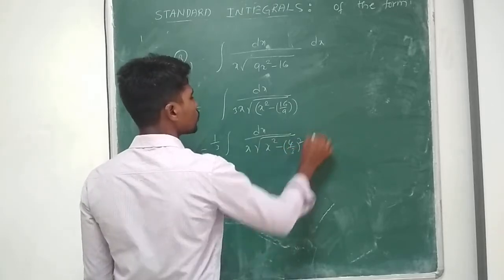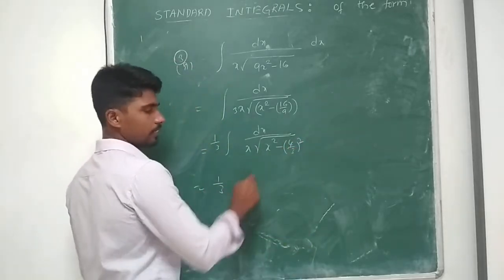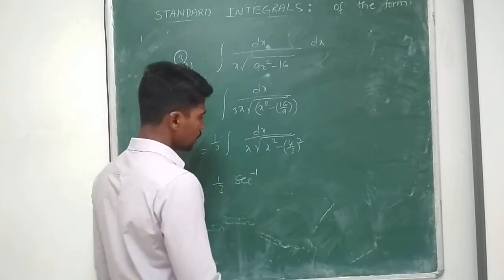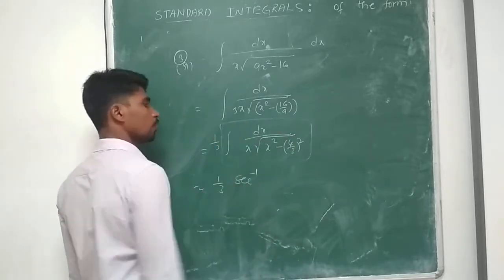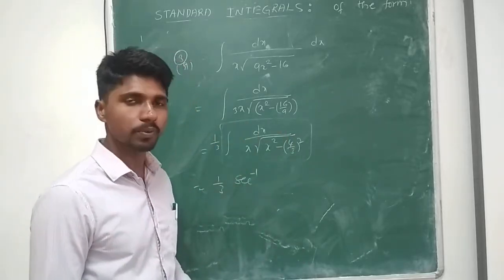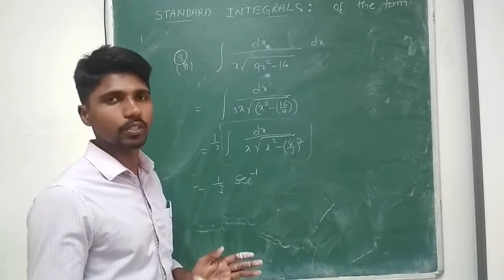So the answer is 1 by 3 into secant inverse. See, what is the integration of 1 by x into root of x square minus a square? It is 1 by a into secant inverse of x by a.